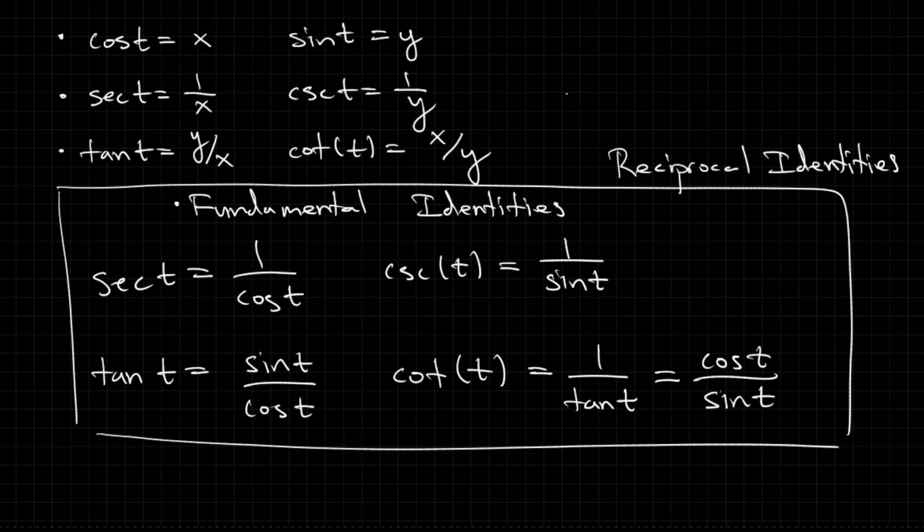Now, another identity that is perhaps equally as important, maybe even more so, is modifications of the Pythagorean identity. So remember, the Pythagorean identity says that cosine squared t plus sine squared t is equal to 1.